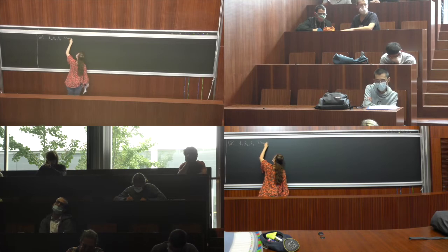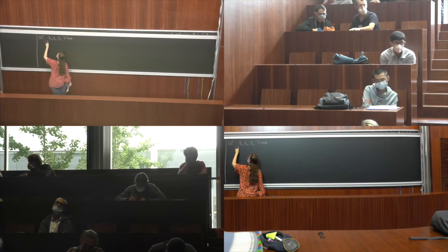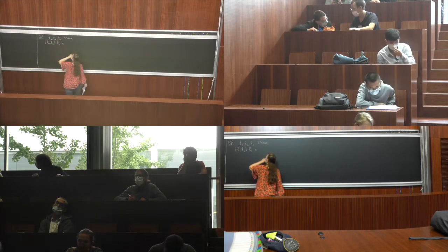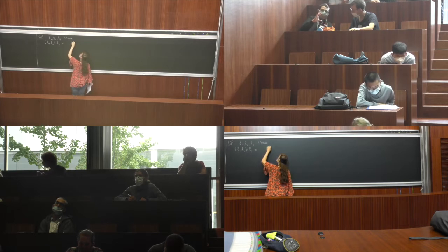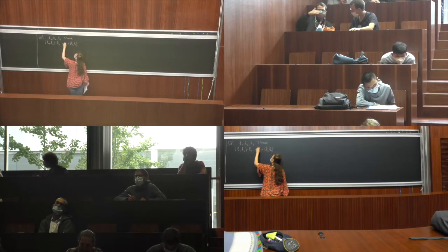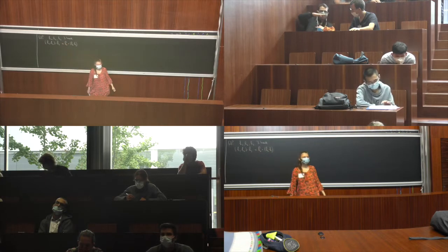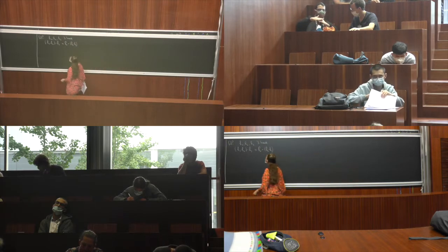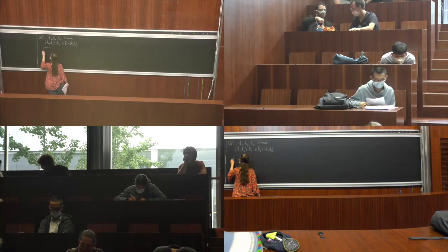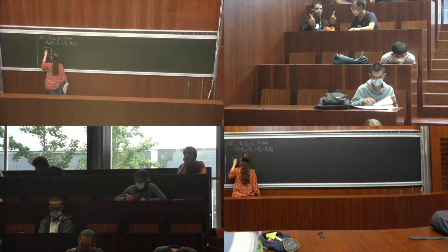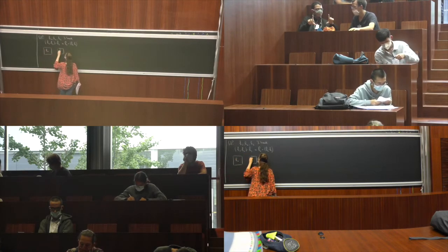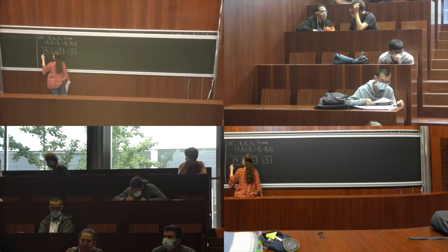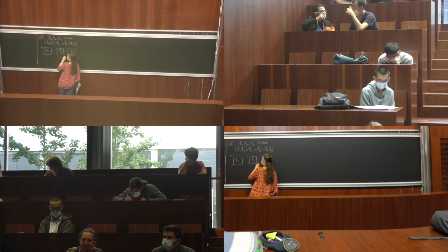And I need to check that if I do first the product of B1 and B2, and then B3, it's the same as doing the product of B2 and B3, and B1. So if I look at my definition, I'm taking my box of B1, my box of B2, my box of B3, between 0 and 1.